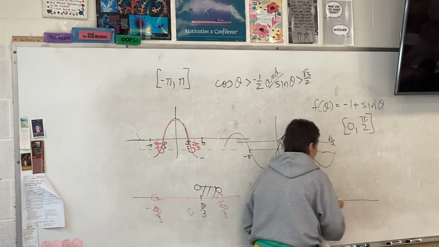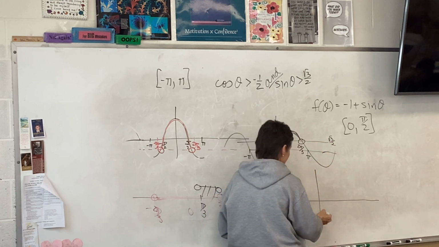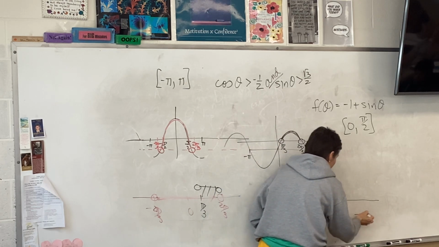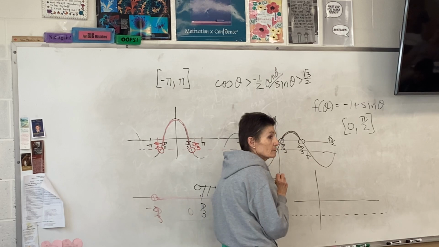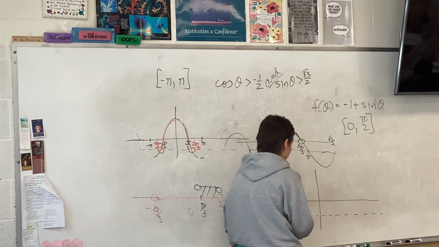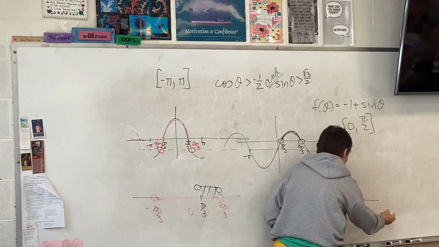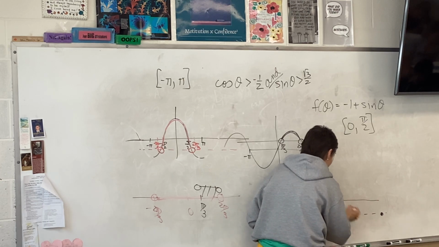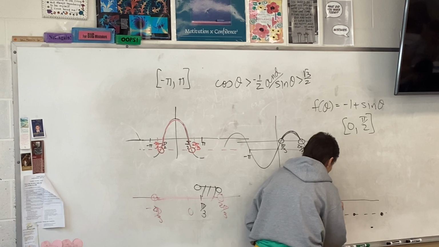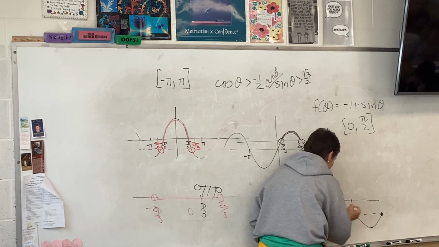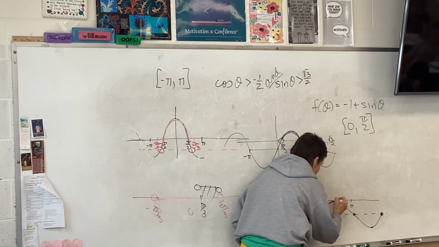I think I'm just going to go ahead and graph this thing. It's a sine curve. Drop down one. It's going to start here. And this is pi over 2. So I'm looking at this part of the graph right here, guys.